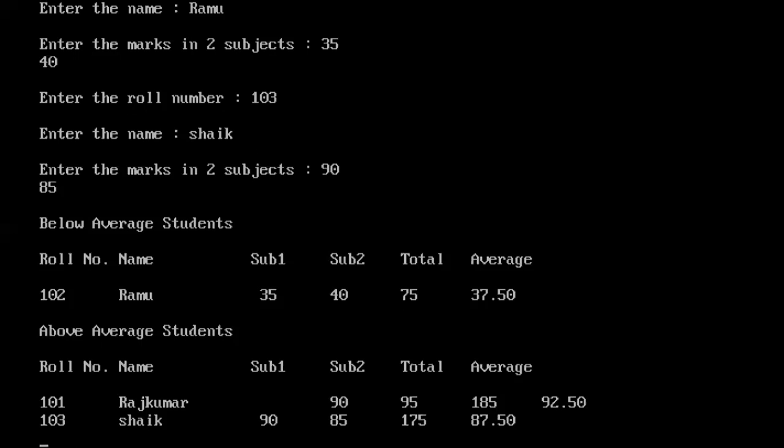So the students who scored average above or equal to the mean value of 72.5 are called above average students. And students who scored less than 72.5 are called below average students. This is the problem.